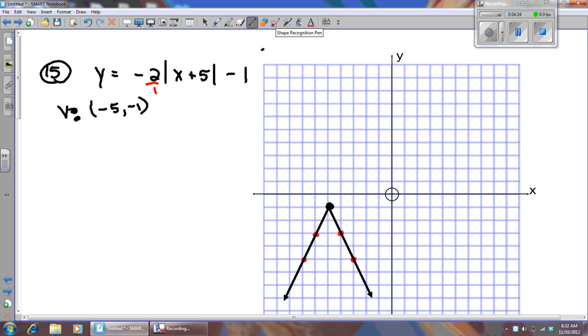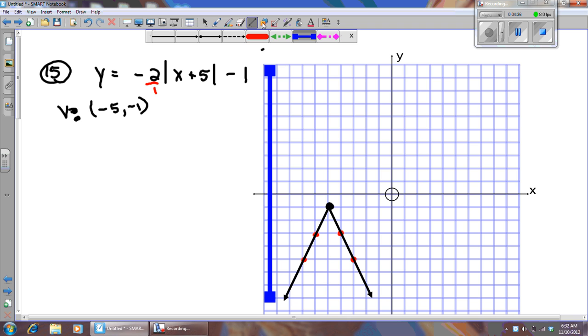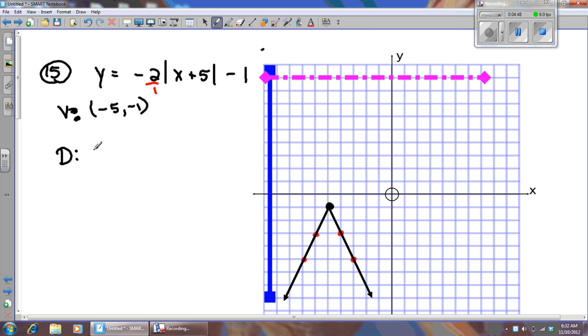Here comes the domain. By the way, you could just use a pencil or even your finger, if you don't have a horizontal line handy in your pocket or something. And then the magenta one will test my range. I need to figure out the domain. I'll bet you're guessing the domain will be all real numbers, and you are correct.